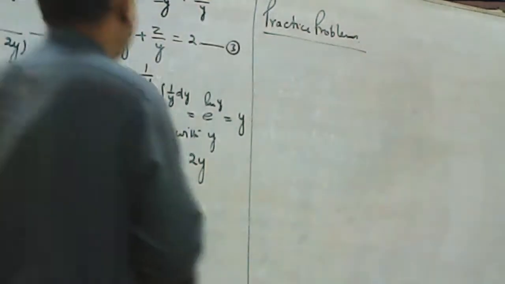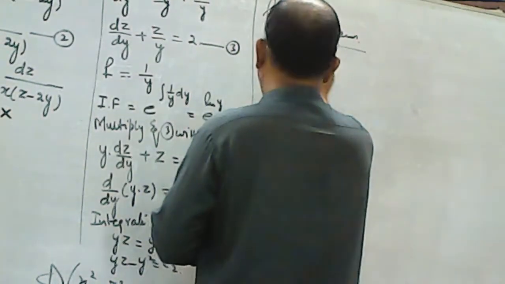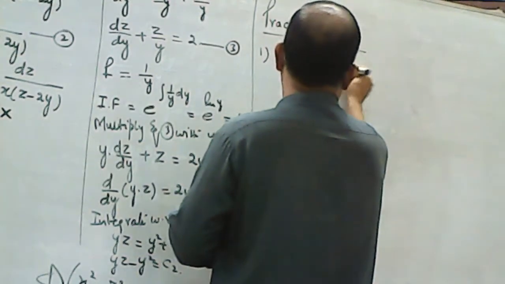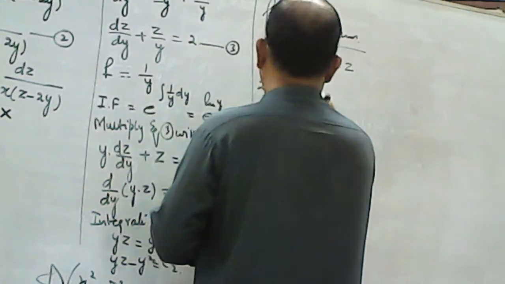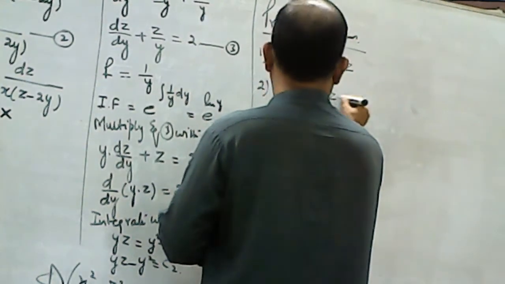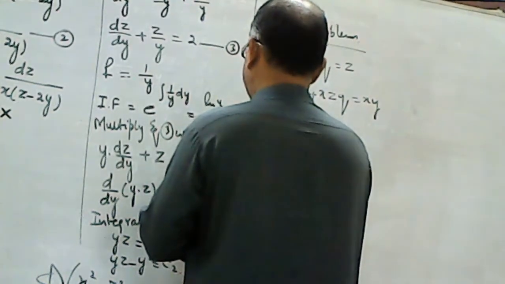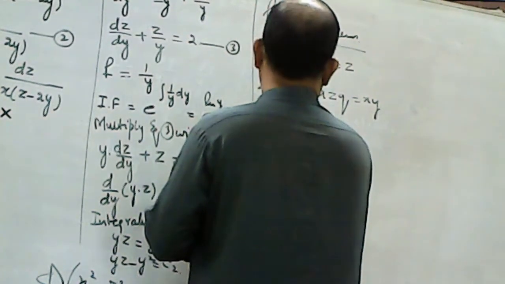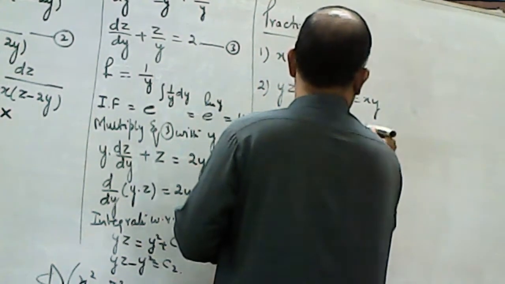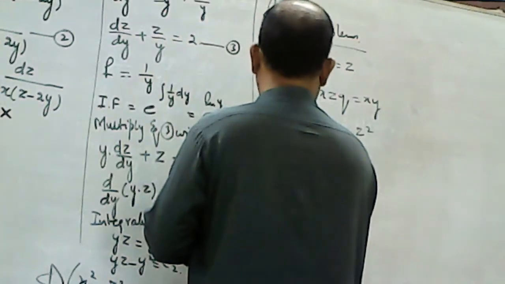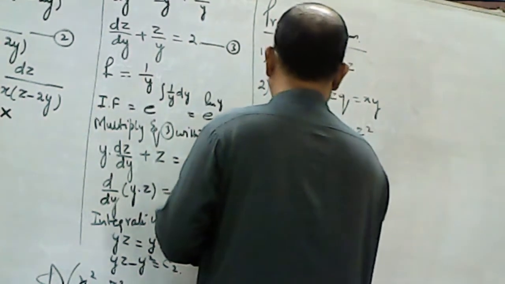Number 1, xp plus yq equal to z. Number 2, yzp plus xzq is equal to xy. Number 3, x square p plus y square q equal to z square. Number 4, p plus q equal to 1.